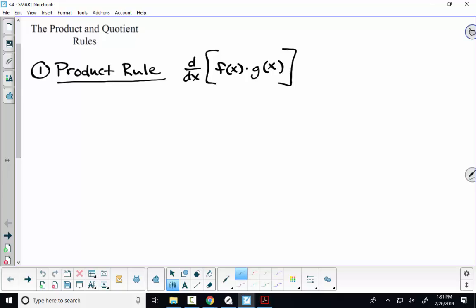All right, I think the product rule is down below. But the idea of the product rule, just to motivate this and show us what the product rule is not: let's consider 2 functions. f of x is x to the 5th, and g of x is x squared.